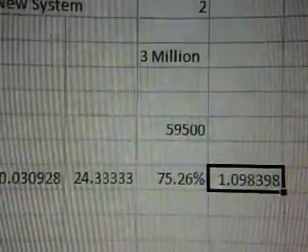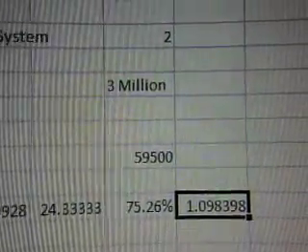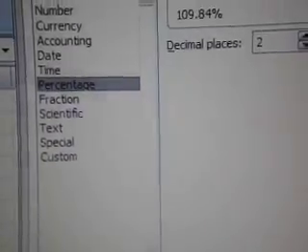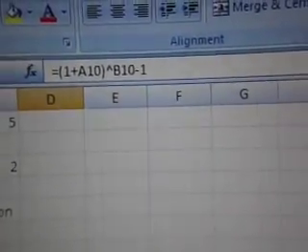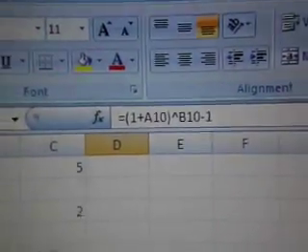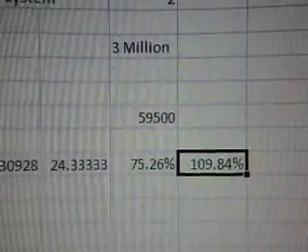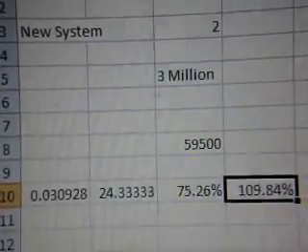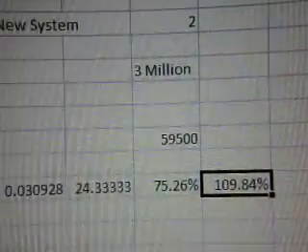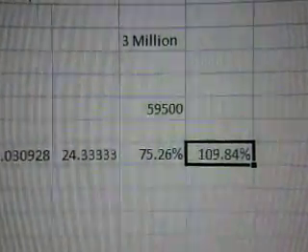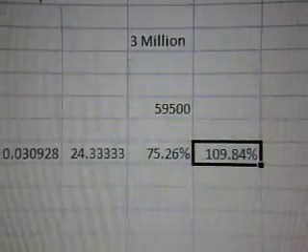I can change this to the percentage. Click on the format, click on the format cells, go to the percentage, and that is 109.84%. Everybody okay with computing the second part, that is computing the effective cost of credit?